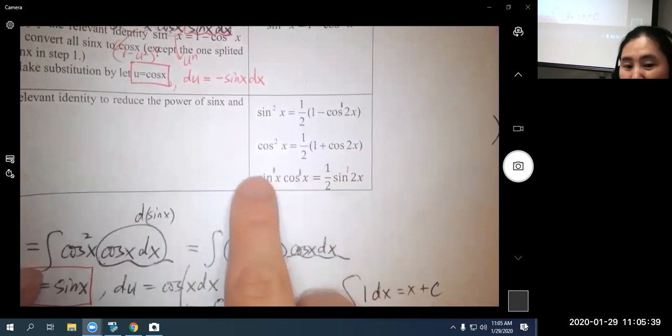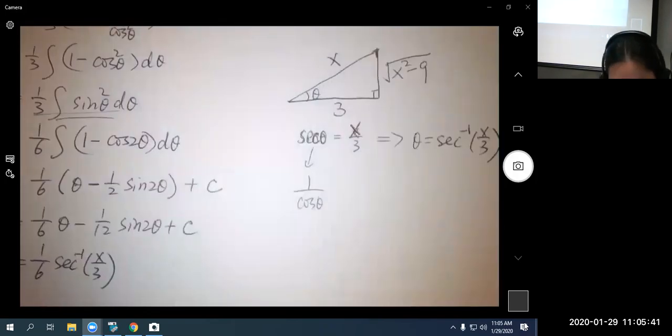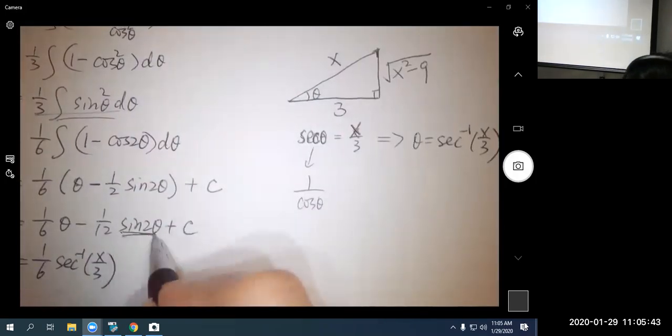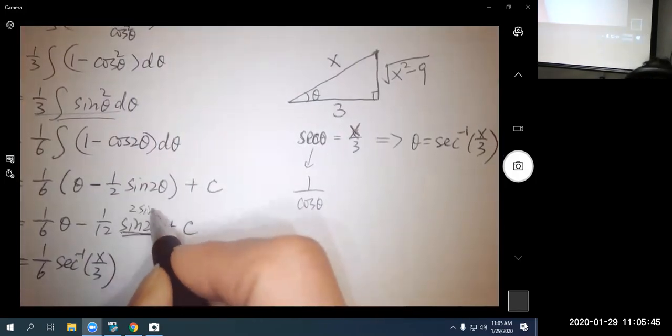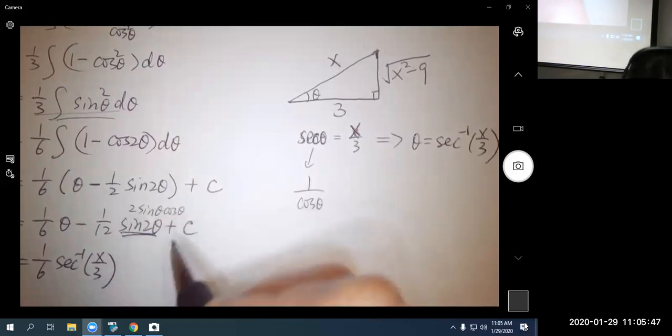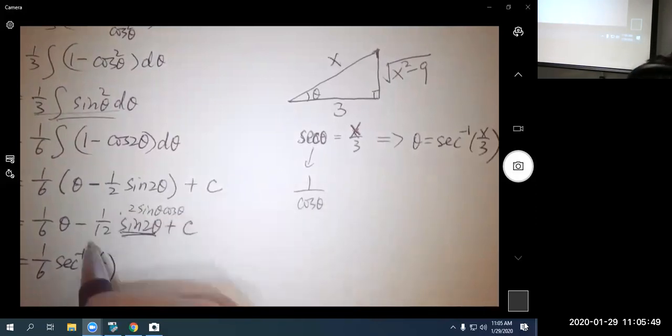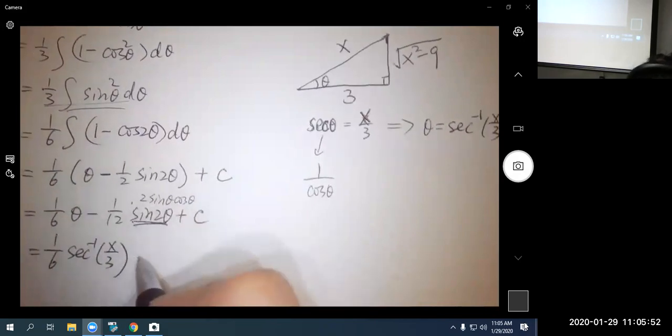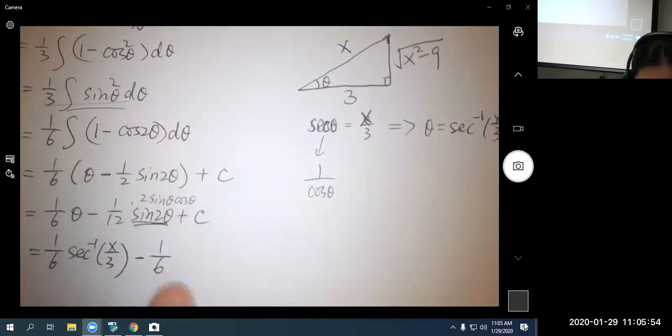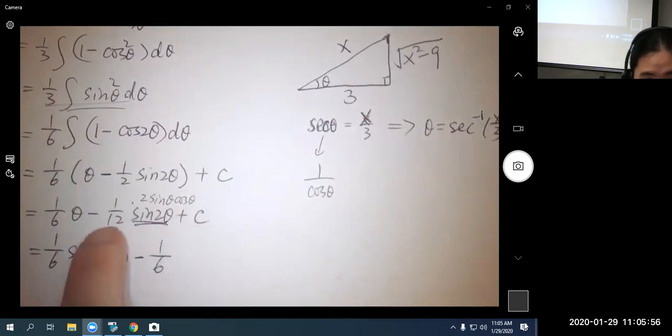Sin of 2 theta equals 2 times sin theta times cosine theta. So this becomes 2 times sin theta times cosine theta. We have a negative 1/12 times 2, which is negative 1 over 6.